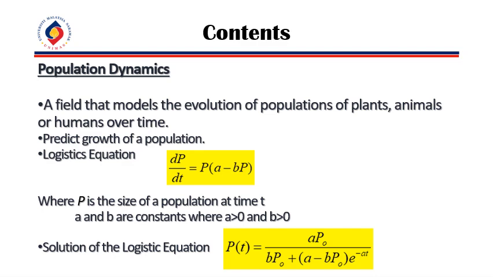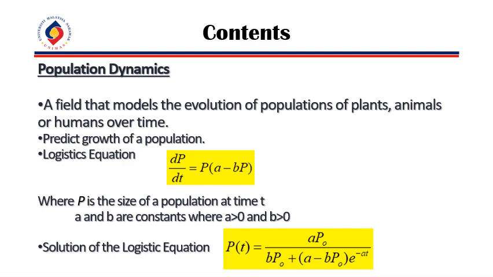This differential equation has an interesting interpretation. The rate at which the population increases or decreases is equal to a positive constant multiplied by the current population. Therefore, the rate at which the population increases is proportional to the population at that point in time.